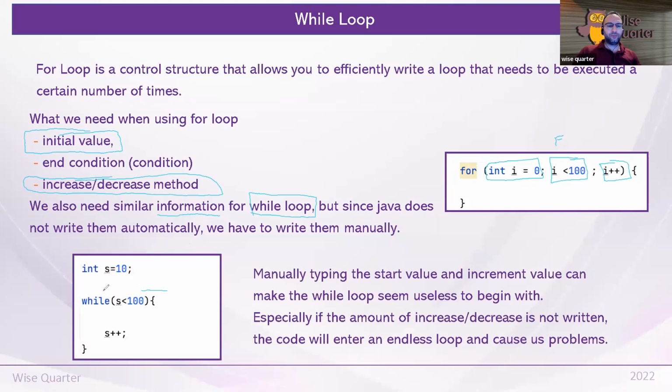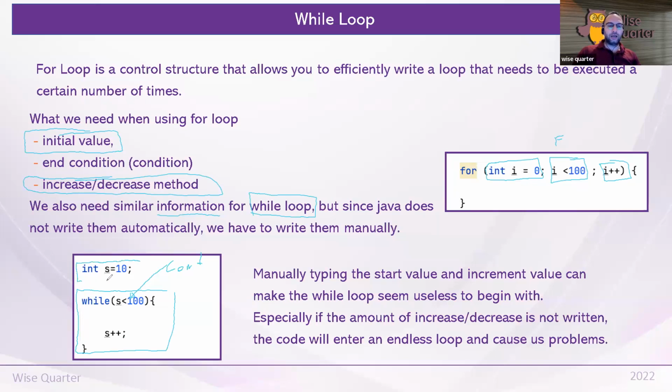If you want to create a while loop, just writing while and the condition is enough. This is the condition. As long as this condition is true, it will be executed. When it becomes false, the loop will stop. This is the while loop, okay?